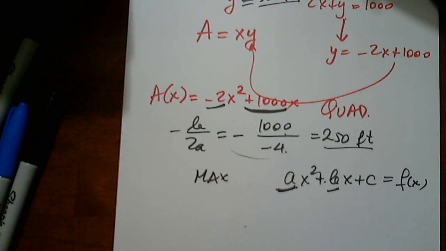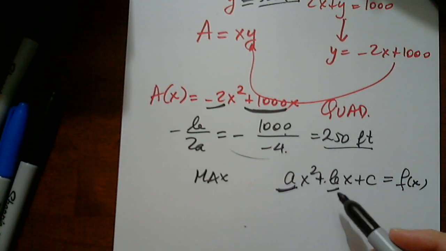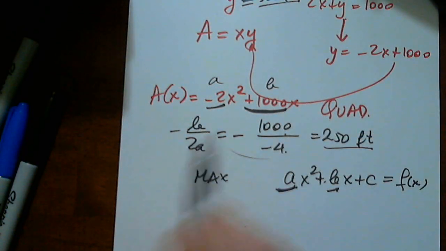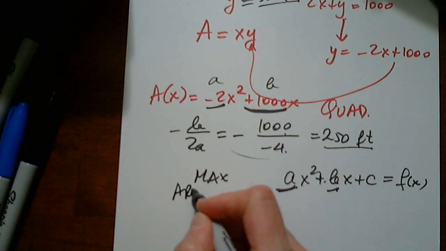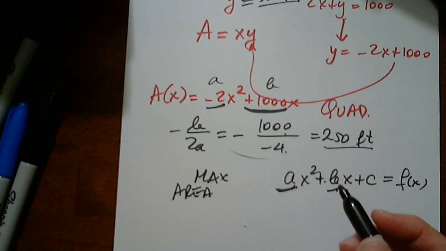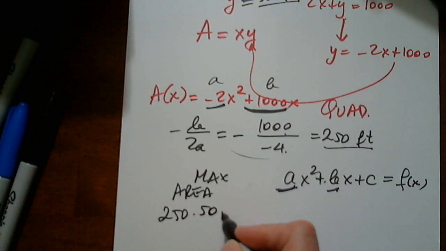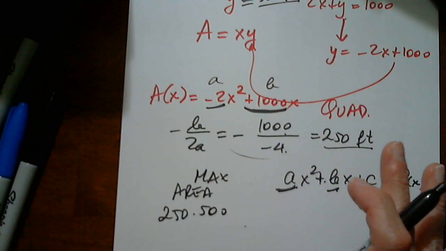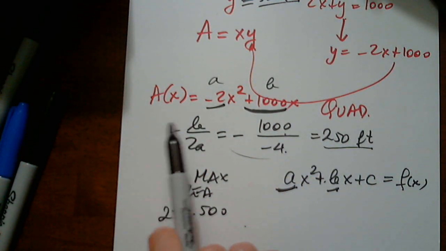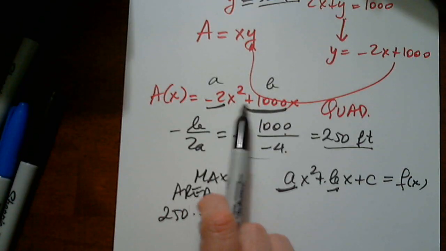Is that okay? Yeah, I understood the thing. I just couldn't tell what symbol that was. It's b. It all depends on the coefficients in the quadratic function. So the maximum area is, what was I saying? 250 multiplied by 500. Or you just go back to the area, put it in the calculator so you don't make a mistake, and replace x by 250.